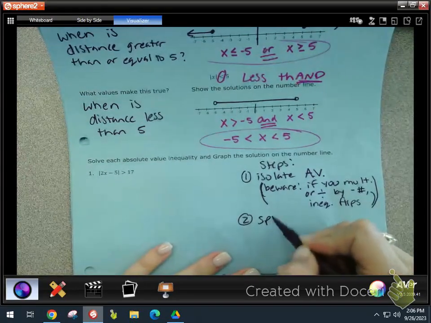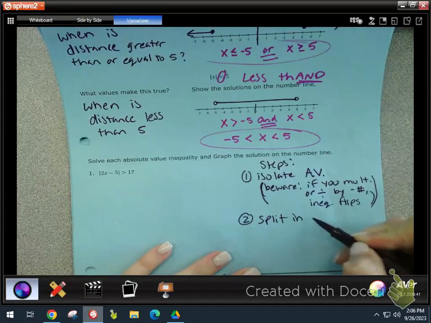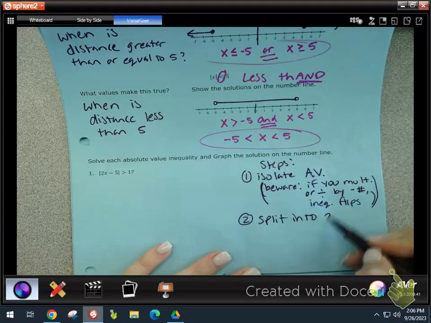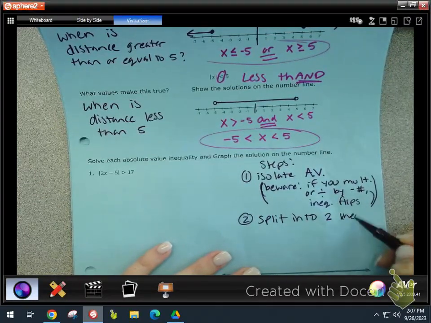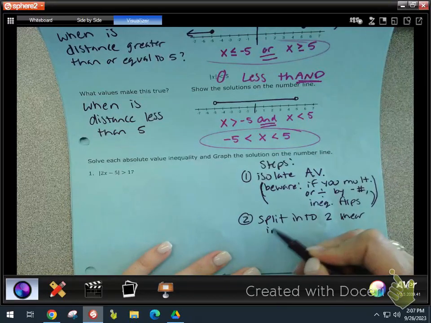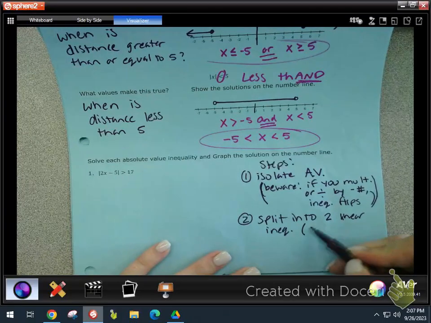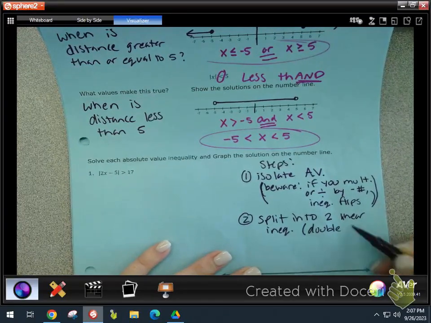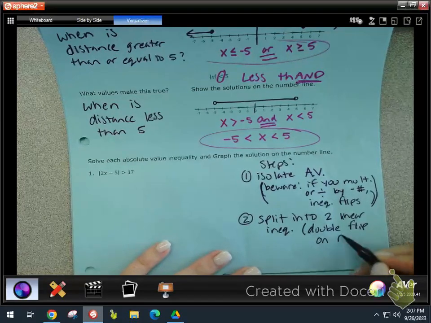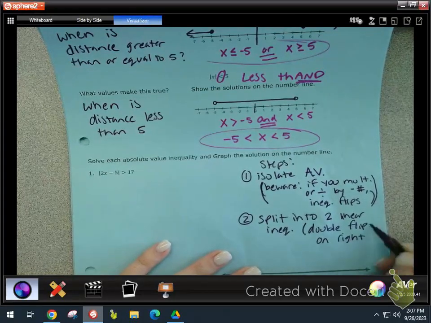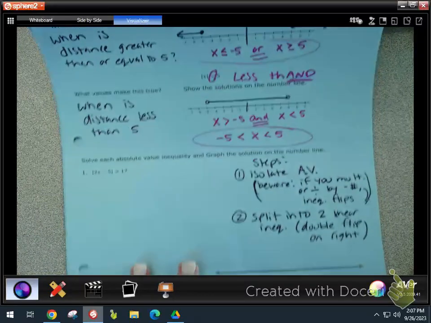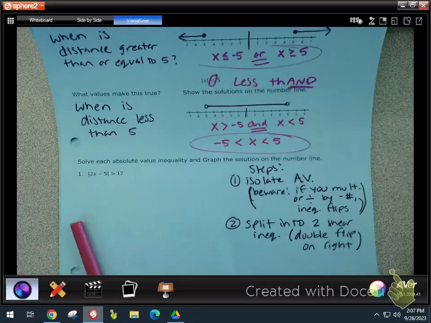So we're going to split into two linear inequalities. I'm going to abbreviate that. And I'm going to write double flip on the right side. So just how you would write it down, and then I'll show you what I mean.